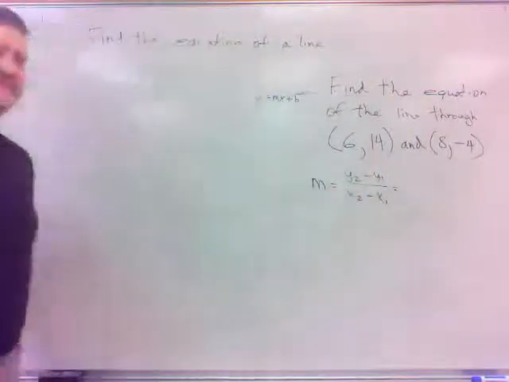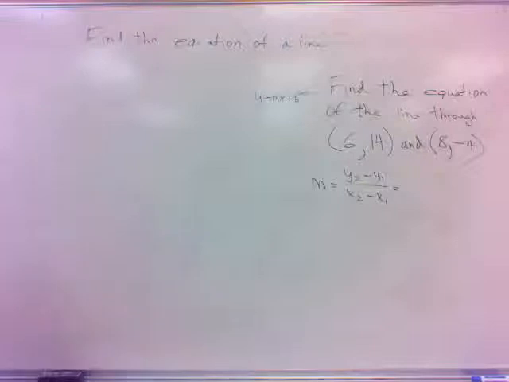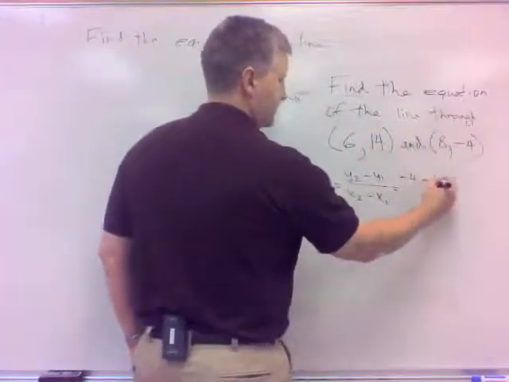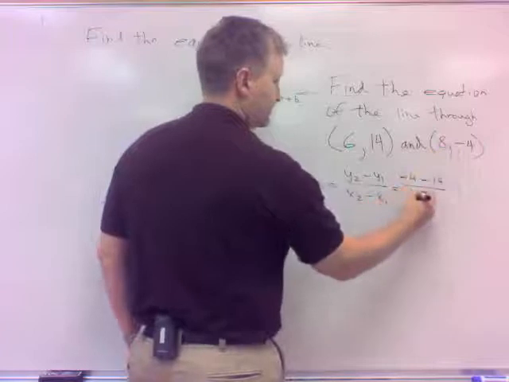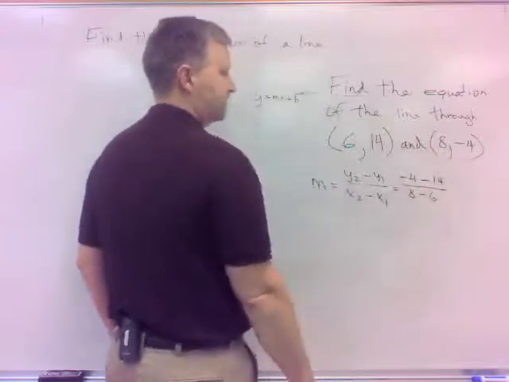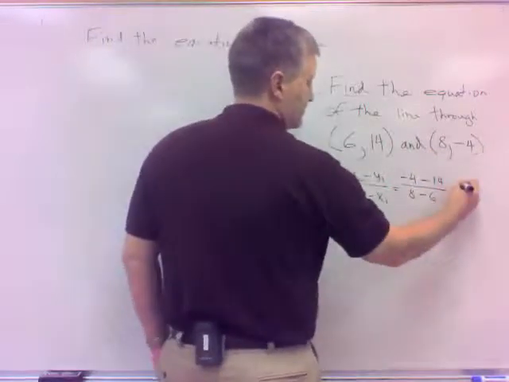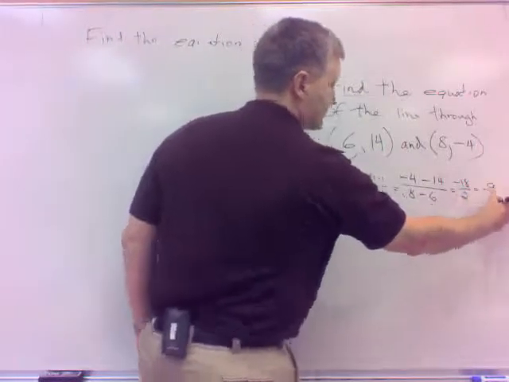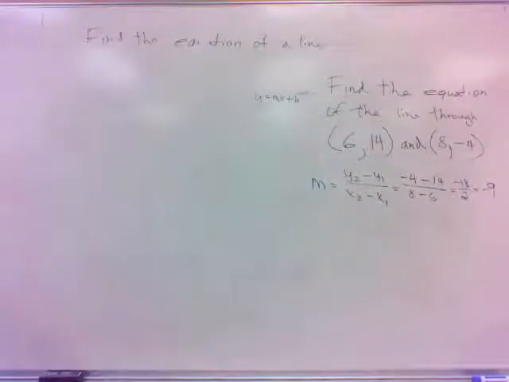Do that first. So I take the second y, which is negative 4, minus the first y, 14, over second x, 8, minus 6, first x, which gets me negative 18 over 2, which is, I do believe, negative 9.